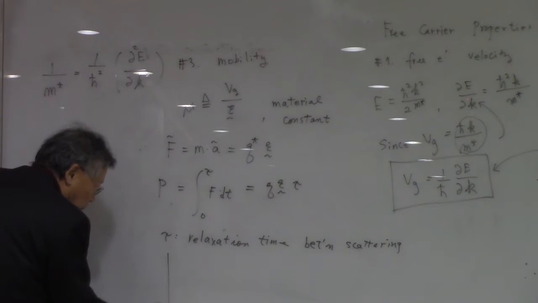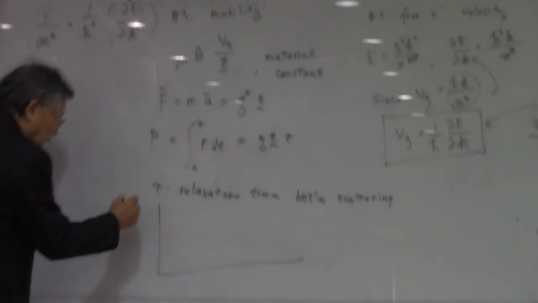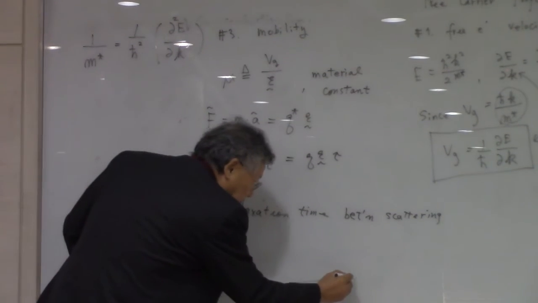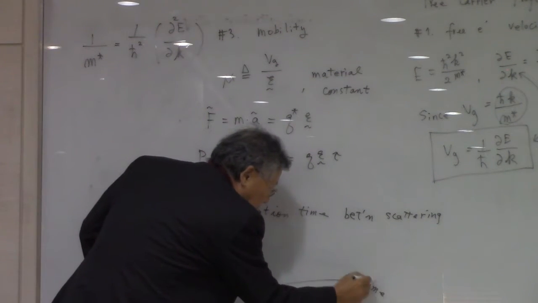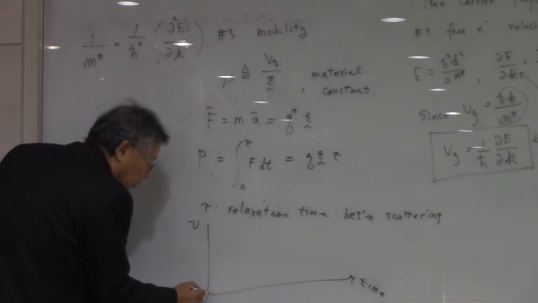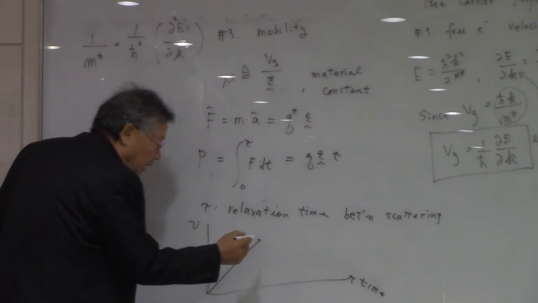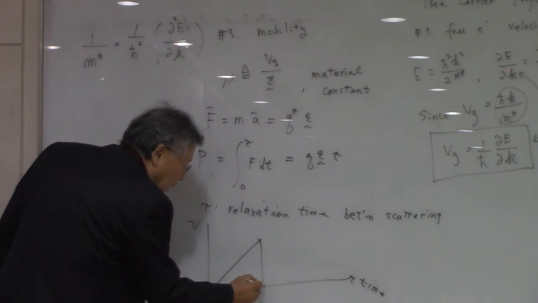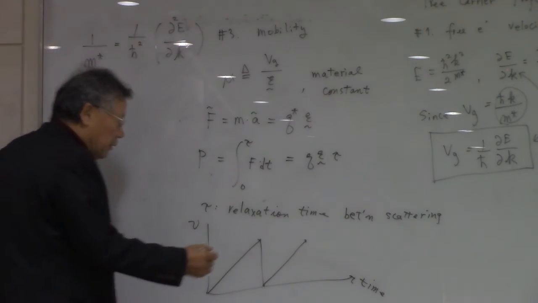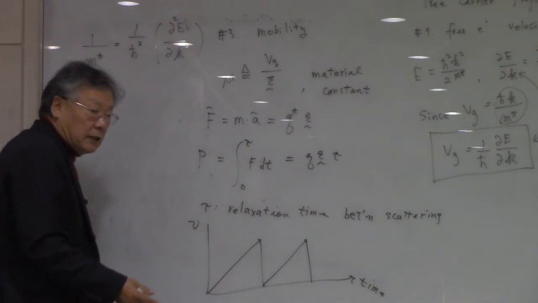So if you check the velocity of free electrons with respect to time, before scattering it just accelerates, and then by elastic scattering it goes to 0, and then is accelerated again for a certain period of time between scatterings, and after the scattering goes to 0.